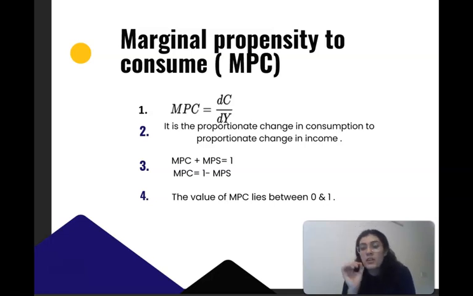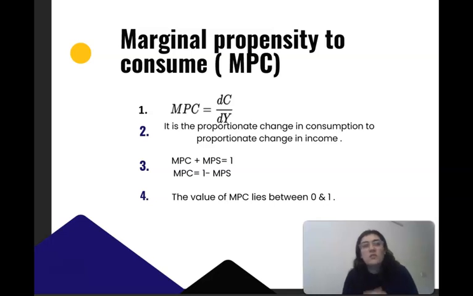Now this is another point that you have to remember, that the MPC value lies between 0 and 1. The reason being that a consumer, whether he has an income or he doesn't, will always consume. So there will always be a value for MPC. But as I just told you, we can never consume the whole increase in income.